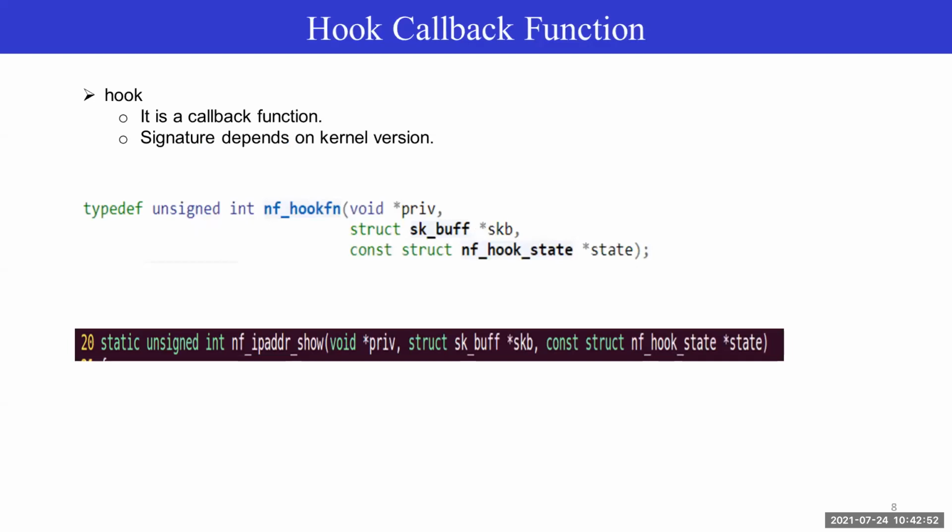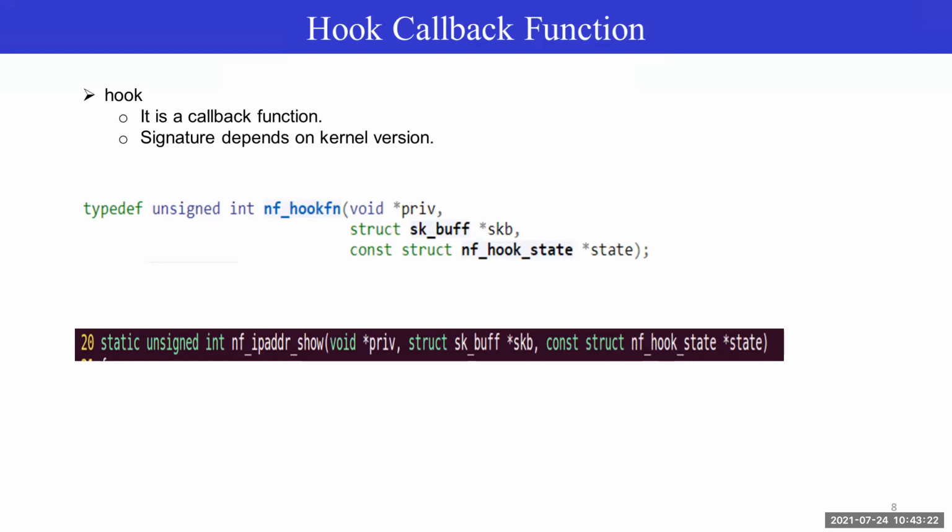So what is the hook callback function? This hook is a callback function, and please note that the signature of this hook function, that is the nf_hookfn, varies with kernel version. I have been using Linux kernel on Ubuntu 16.04, where possibly the Linux 4.4 kernel is running. So this particular prototype is for Linux version 4.4.